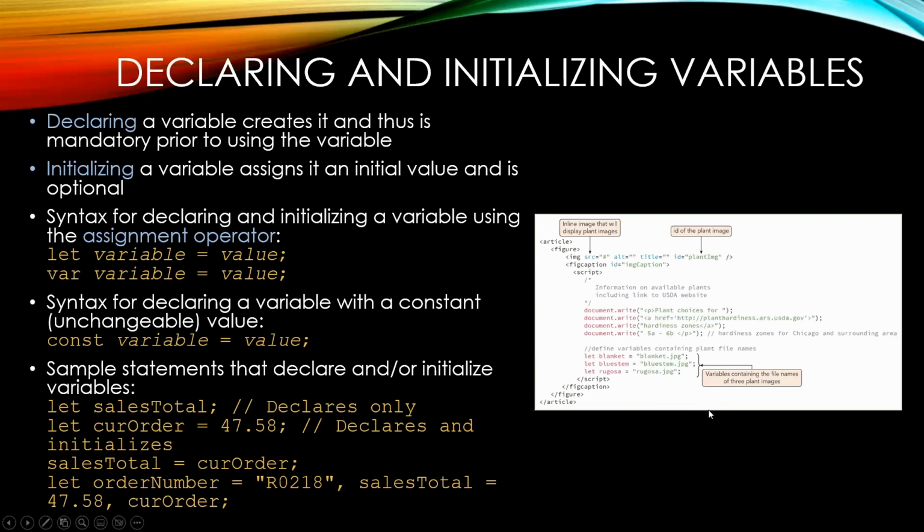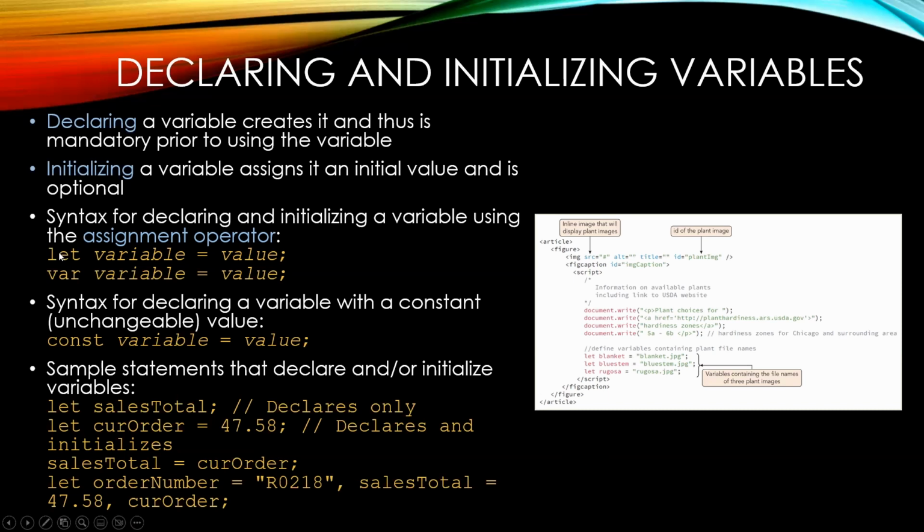Declaring and initializing variables. In order to use a variable, just like in compiled programming, we must declare and initialize. So declare is creating that variable and reserving the memory, and initializing is assigning an initial value to it. And it is optional, but it's probably good programming practice to do. Syntax for declaring and initializing variables, we can use the assignment operator, which is the equal sign.